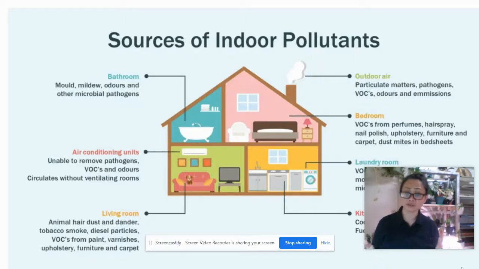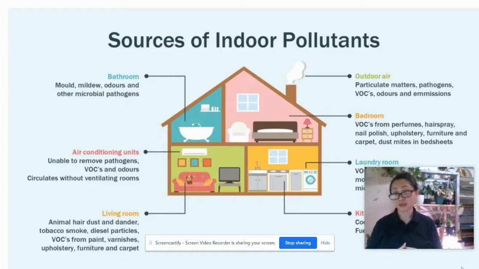Once you have your model, you can actually catch those particulate matter. It's like seeing is believing. Once you have seen that you are catching so much of this pollution inside your home, you would want to think of ways to mitigate or lower the effect of your indoor pollution.